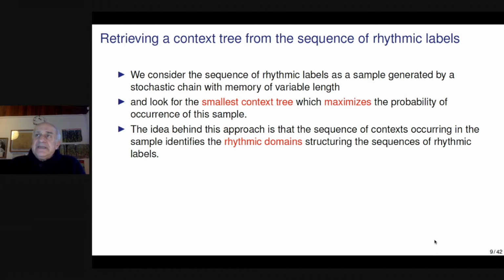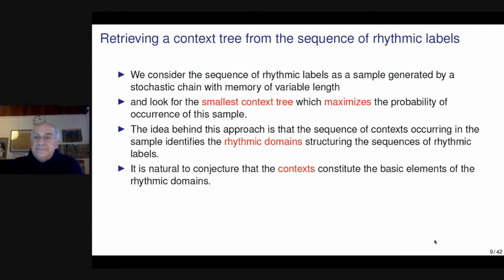This is an idea which appears in biology and linguistics, in many scientific domains, that strings of amino acids or DNA bases or rhythmic features have a structure which is based on domains. So it's natural to conjecture that these domains, in this case the rhythmic domains, are constituted by contexts.